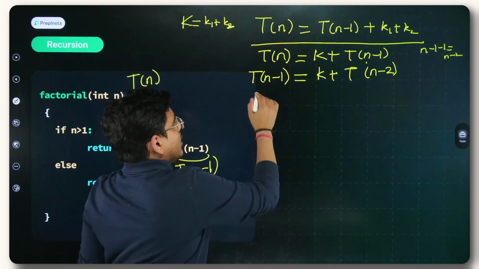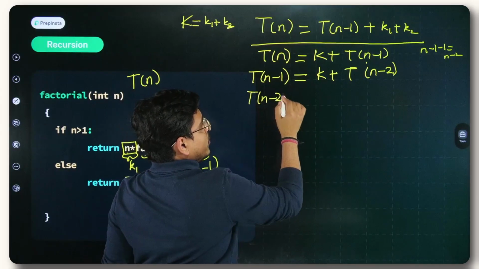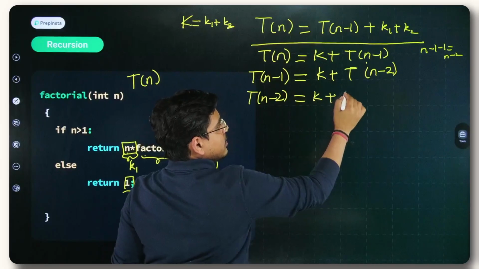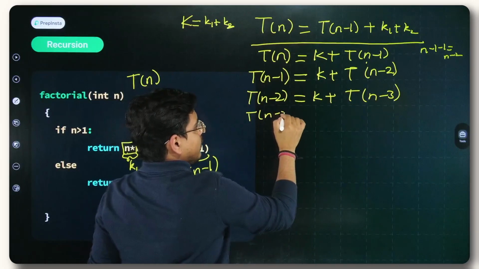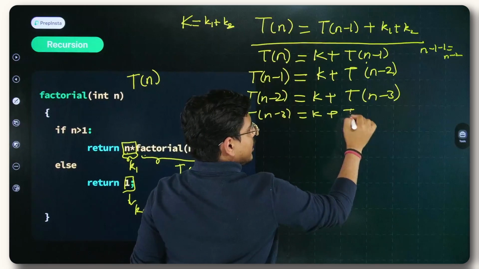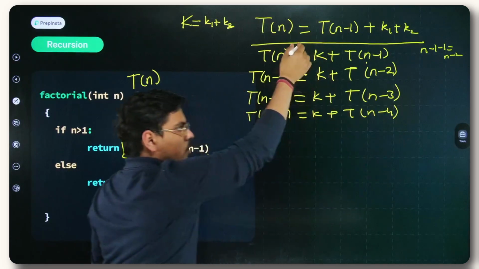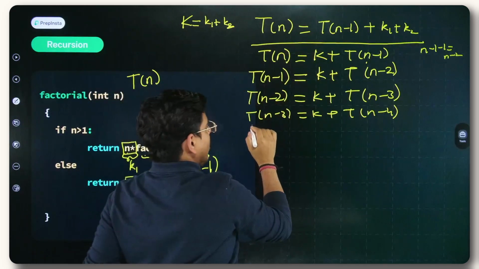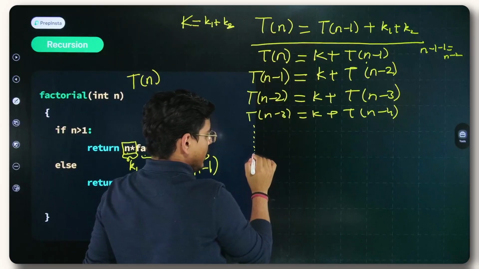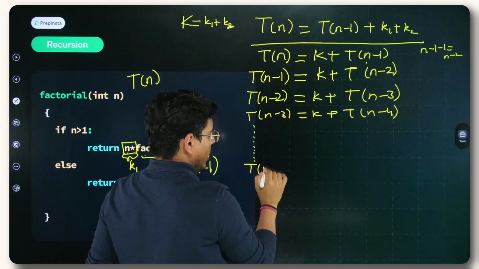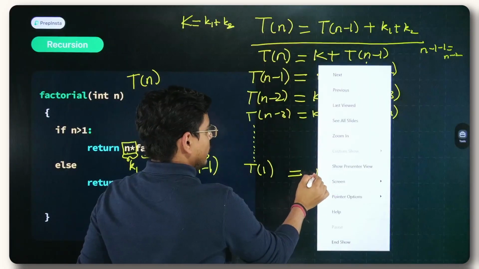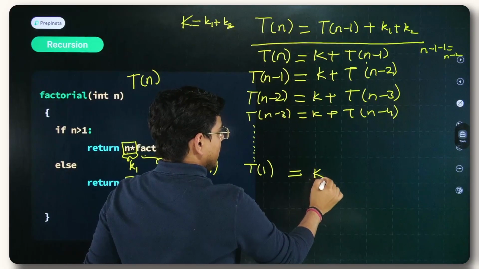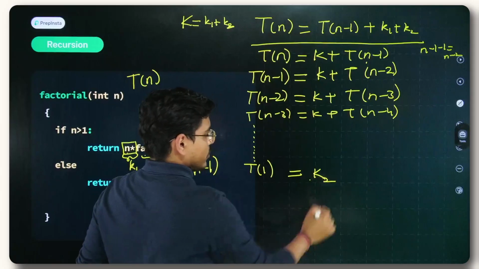Simple. Now for T of n minus 2, what we do is K plus T of n minus 3, and T of n minus 3 equals K plus T of n minus 4. This is quite simple, going in a similar fashion. And now this would go on till T of 1, which is nothing but the k2 operation, I would say.